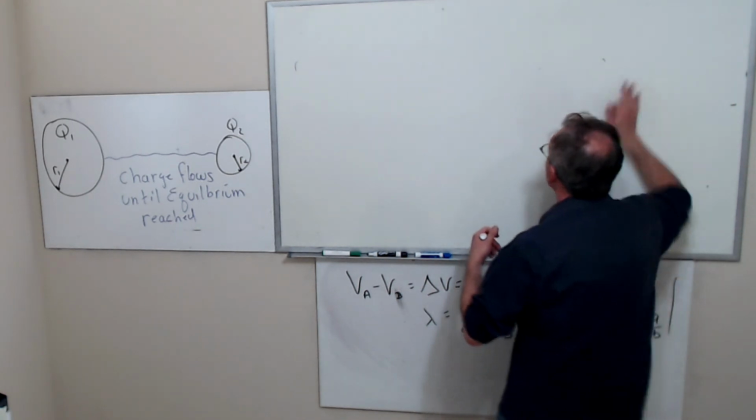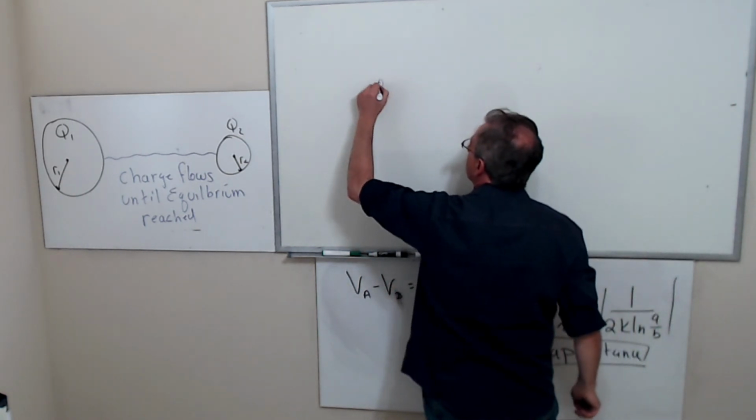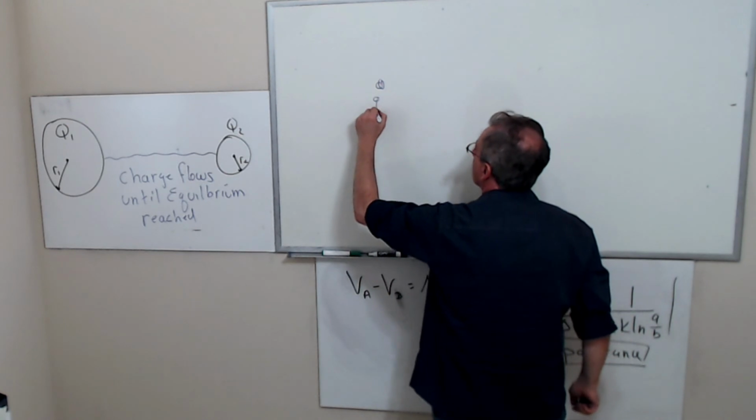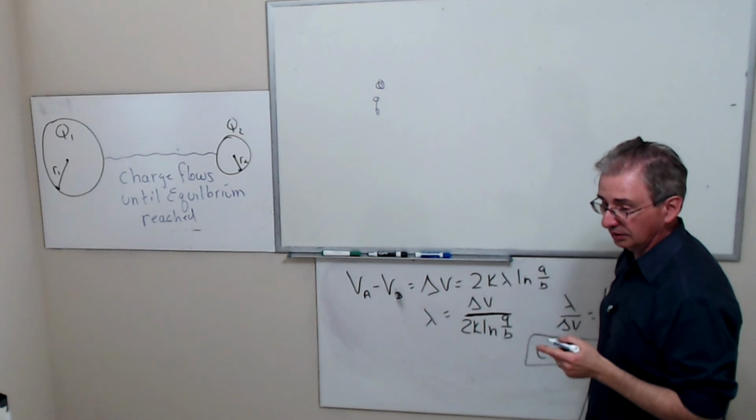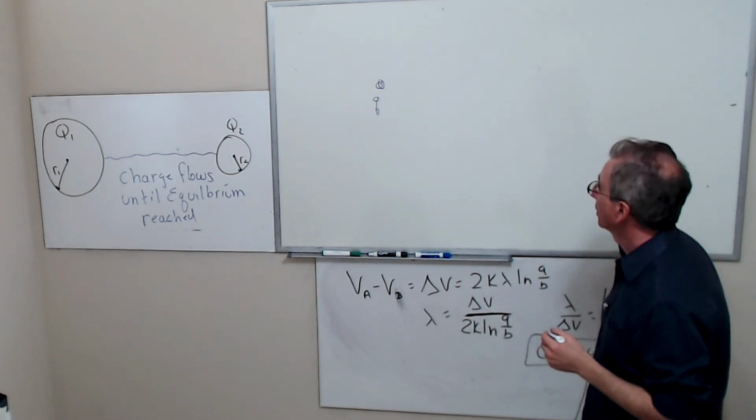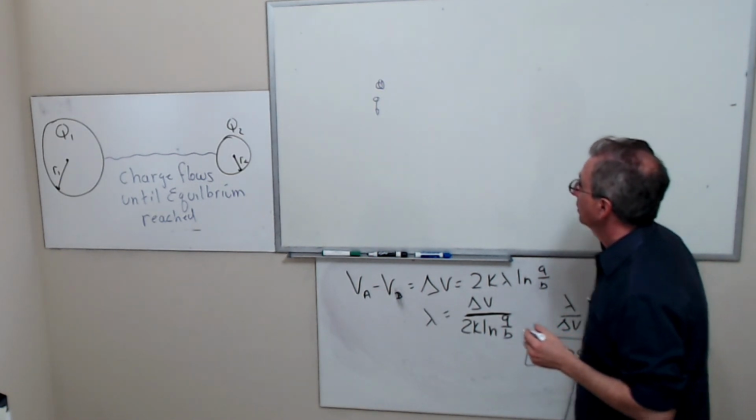Okay, so let's say I put a charge here, and then I bring another charge. There is already a field in which the charge is present.